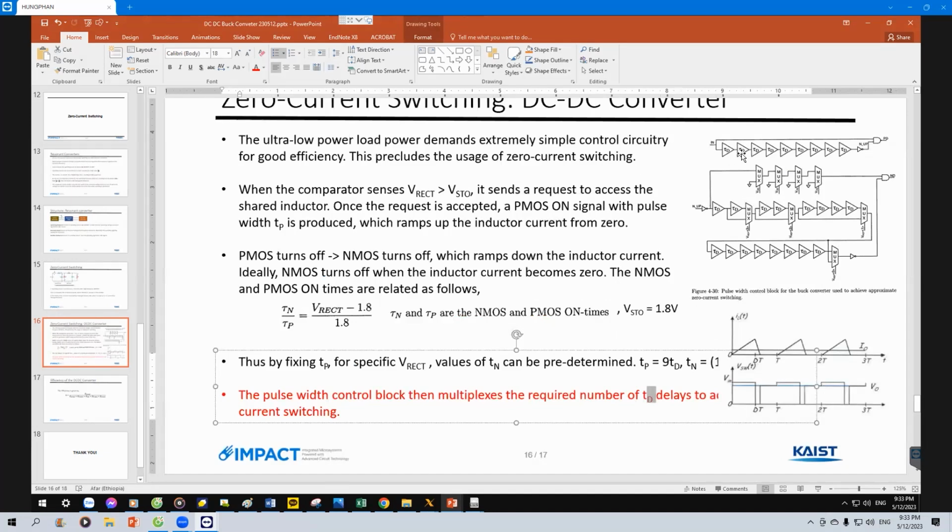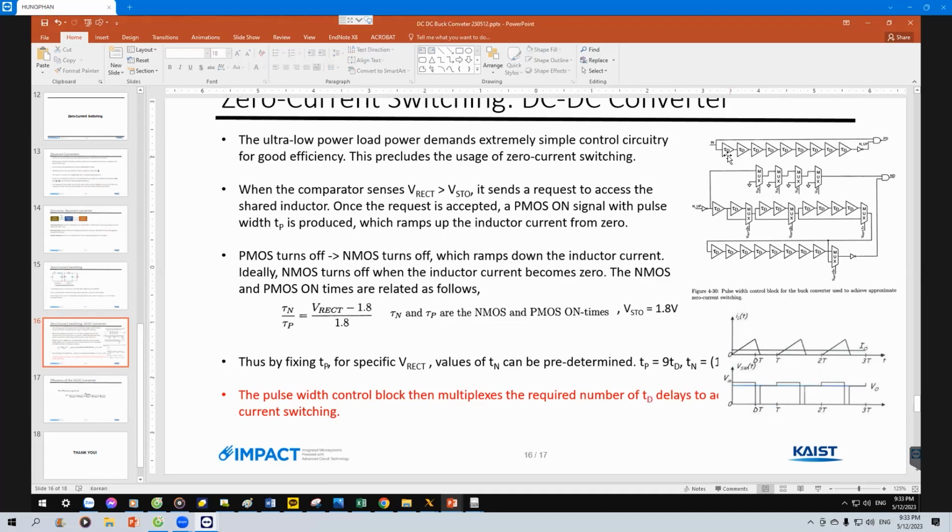One block is one TD, the delay time. For example, 1 nanosecond, 1 nanosecond, 1 nanosecond. So here 1, 2, 3, up to 9. It will be a 10 nanosecond delay. Here 1, 2 will be a 2 nanosecond delay. You got it?